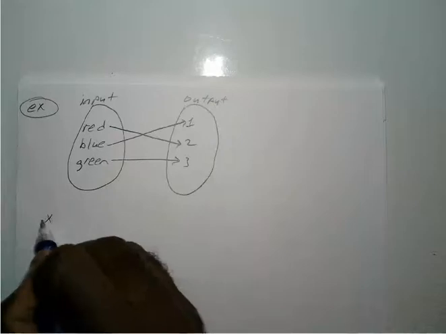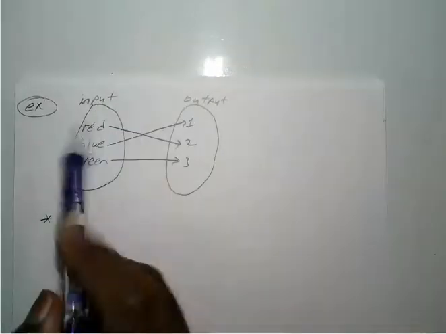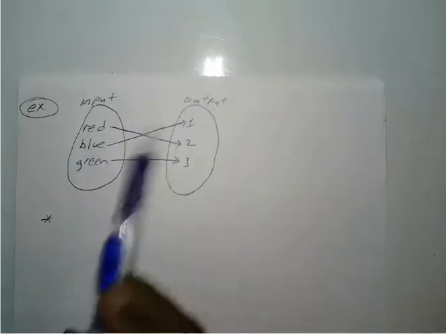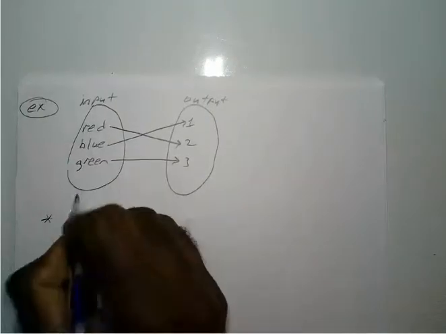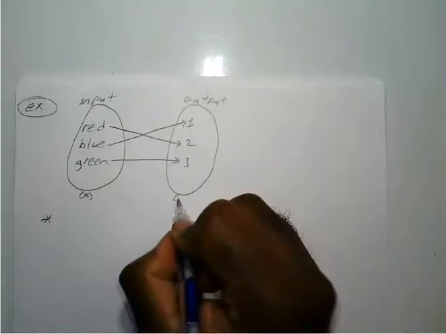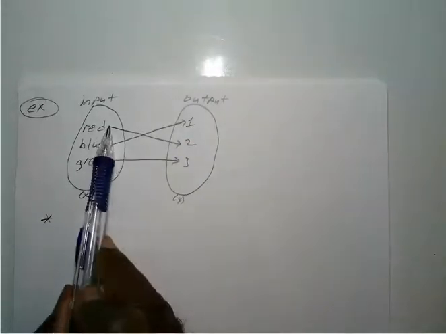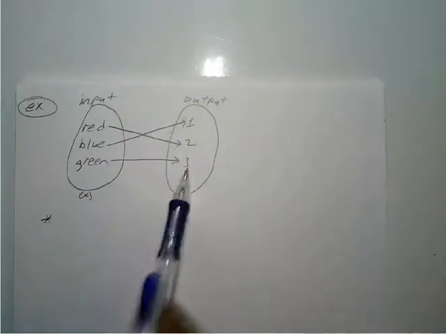The one thing we know is that since it's going from your input to your output, each input, or x, has exactly one output. You have one arrow going out of each input.